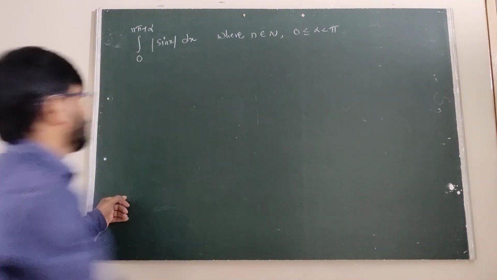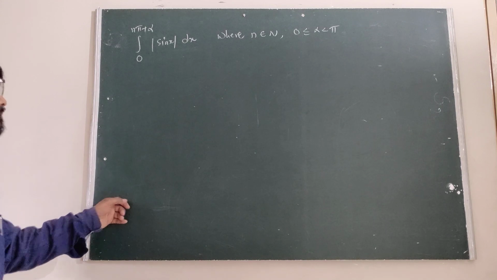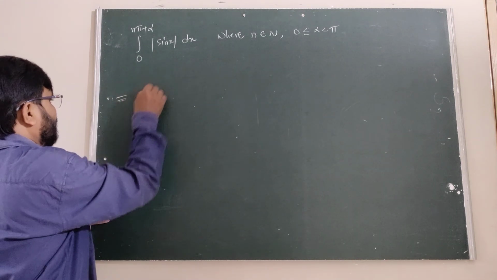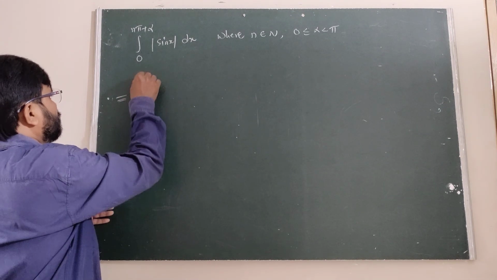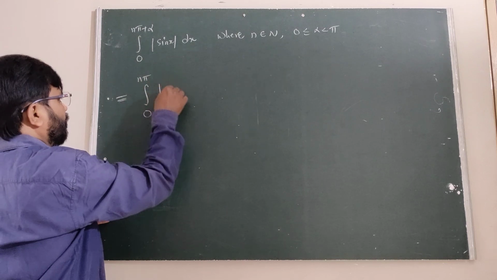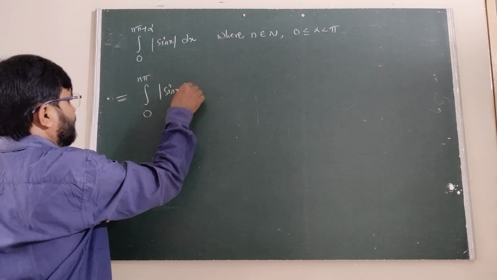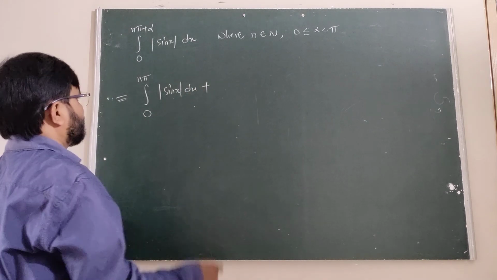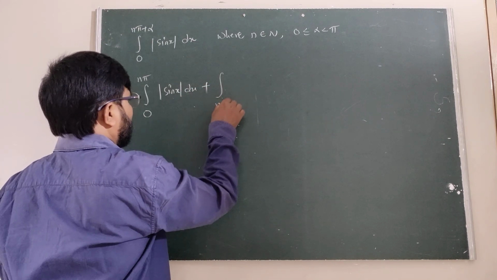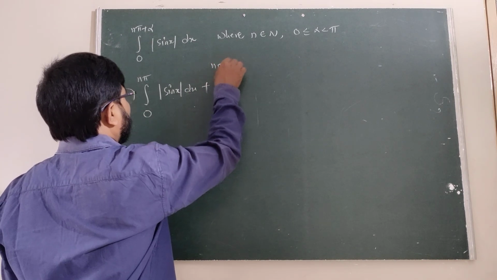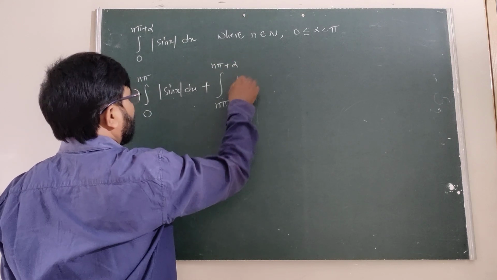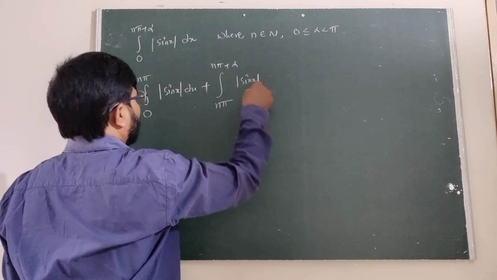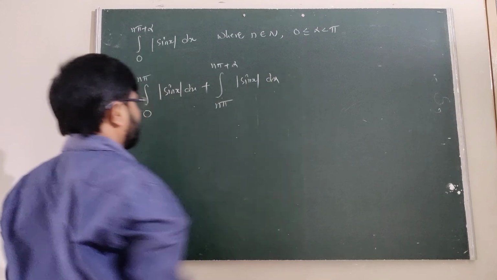Now we can write this as the integral 0 to n pi of modulus of sin x dx, plus the integral n pi to n pi plus alpha of the mod of sin x dx.